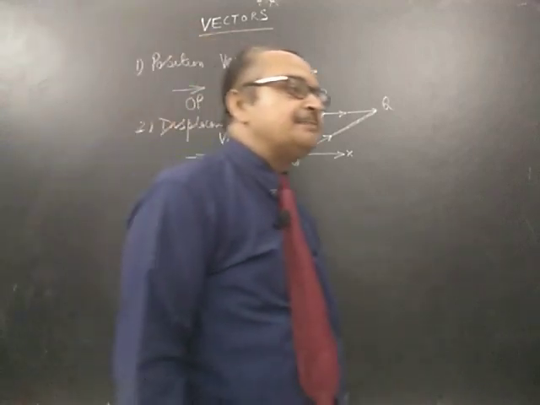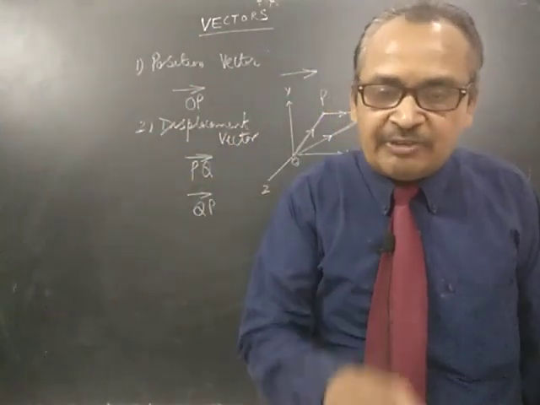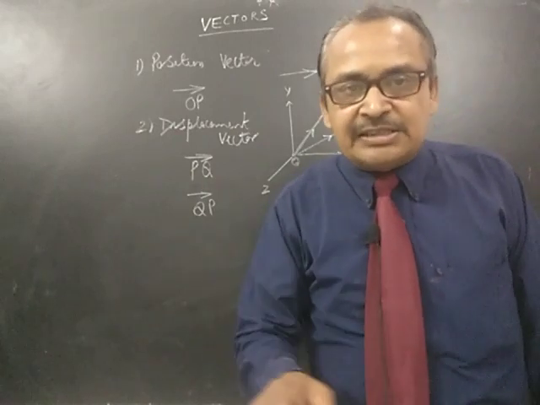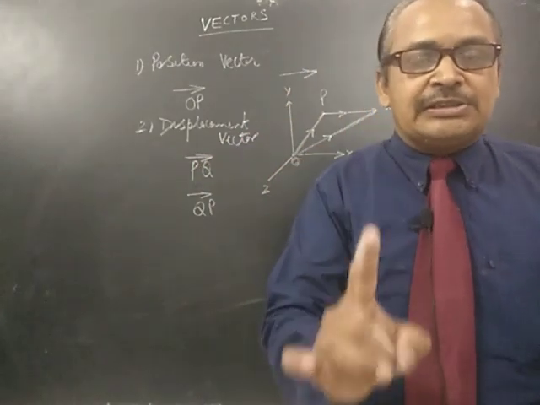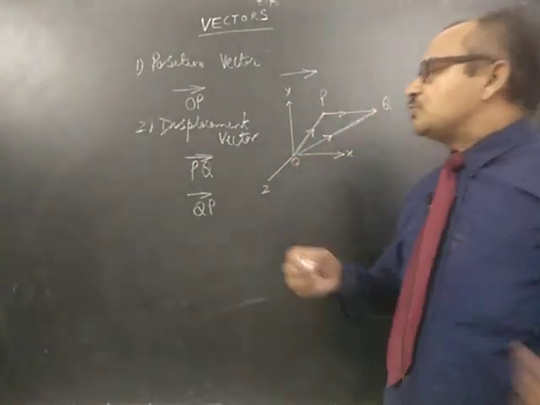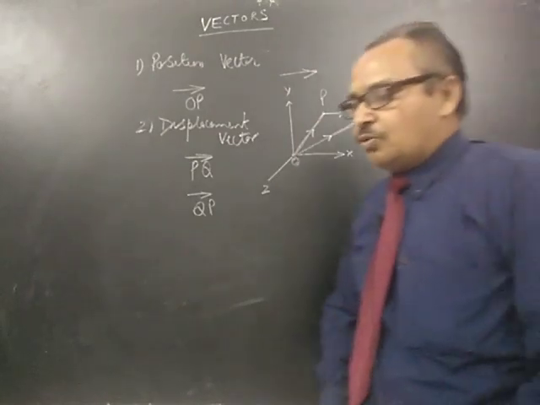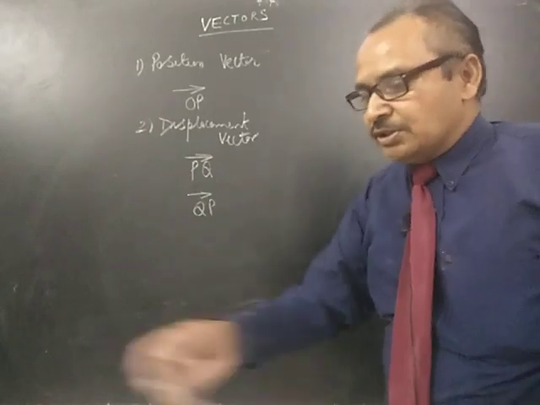For example, first of all, again and again we will be revising this, and you have to keep this in mind: a vector quantity is associated with direction. So suppose I want to talk about the comparison of various vectors.